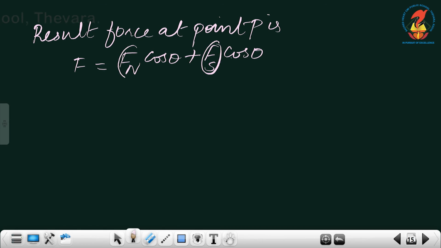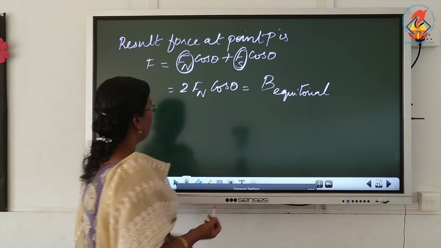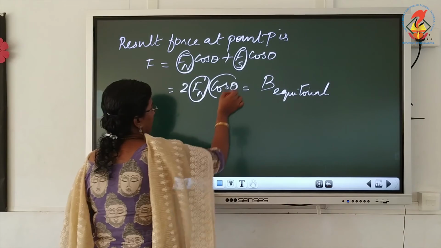Now, since the magnitudes of Fn and Fs are the same, we can write it as 2 Fn cos theta, which is equal to the magnetic field along the equatorial point. So, we know the value of Fn. Next, we are going to find out what is cos theta.